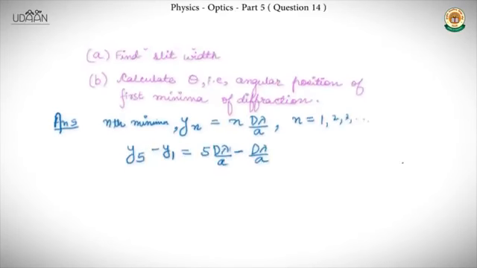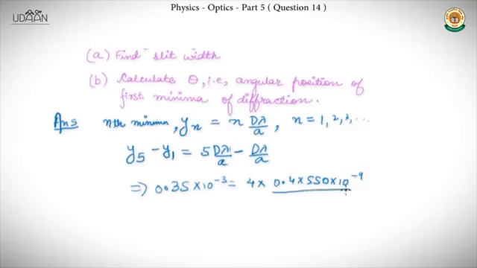So this gives 0.35 into 10 to the power minus 3 is equal to 4 into 0.4 into 550 into 10 to the power minus 9 by a, where a is the slit width. So we can directly find the value of a as 2.51 mm.